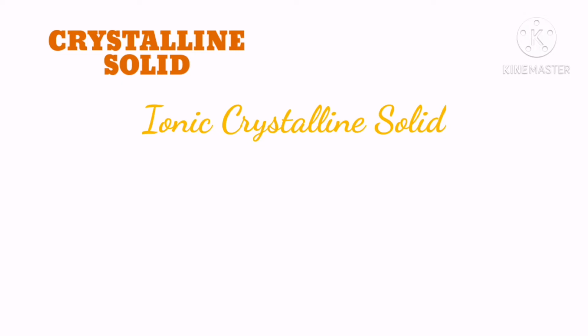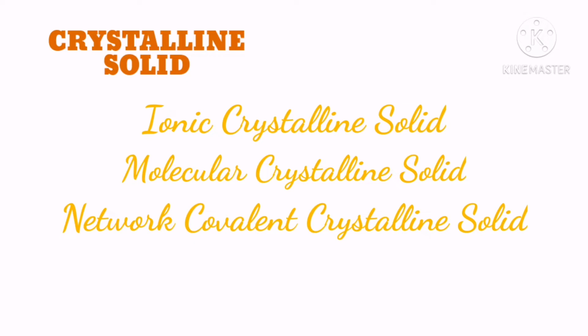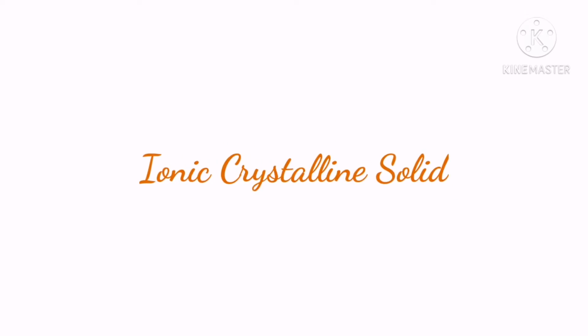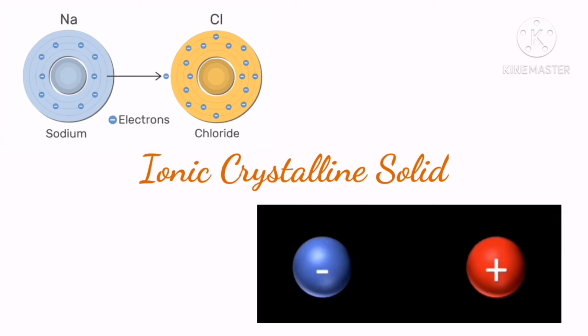There are four types of crystalline solid: ionic crystalline solid, molecular crystalline solid, network covalent crystalline solid, and metallic crystalline solid. Ionic crystalline solid. This type of crystal consists of ions that are held together by electrostatic forces.